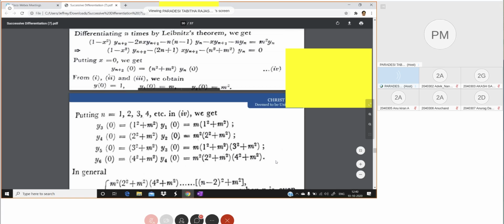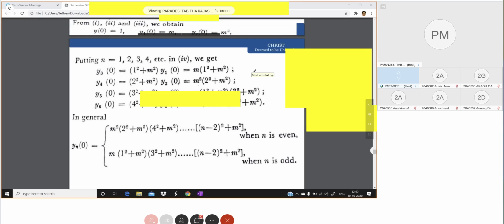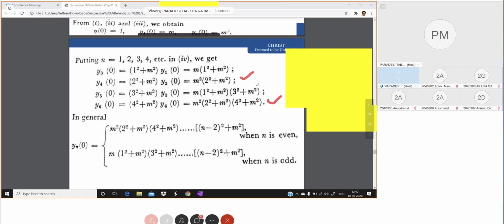So he's trying to generalize, quickly check whether it's right. When n is even, you are looking at these cases, y4, y6, and then commenting on yn when n is even. And you're looking at y3, y5 and commenting on when n is odd.